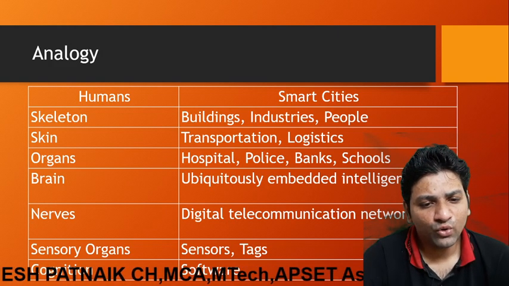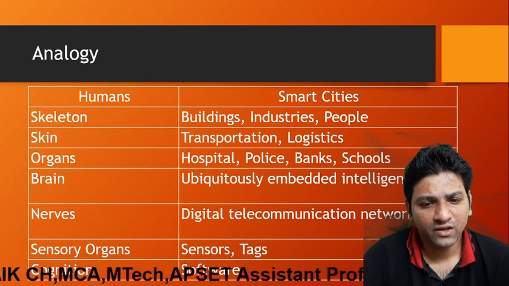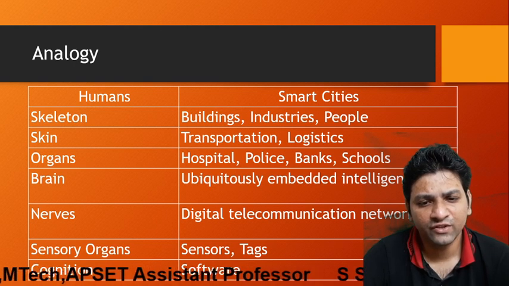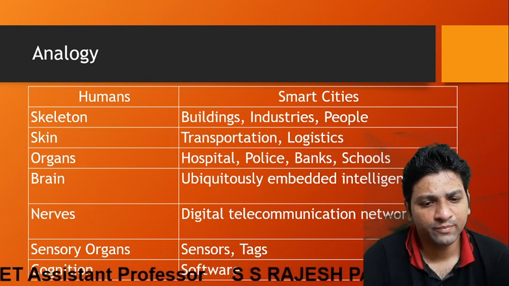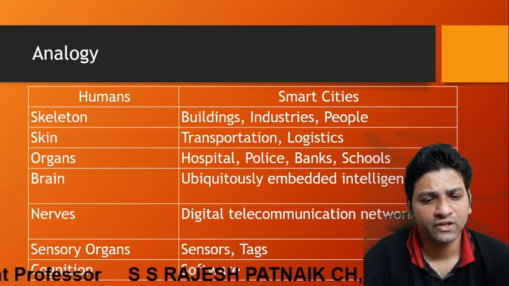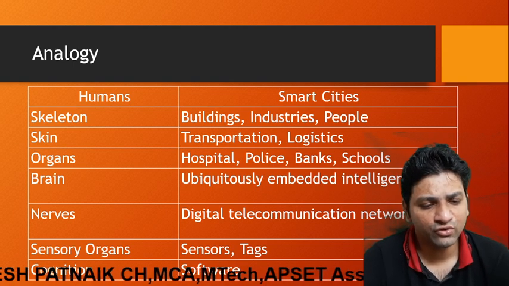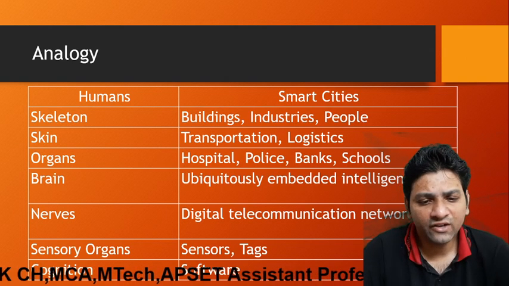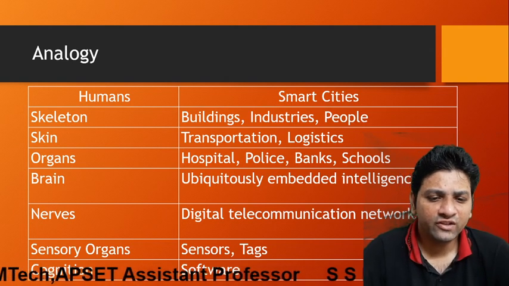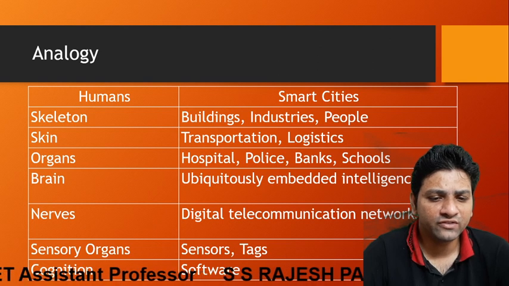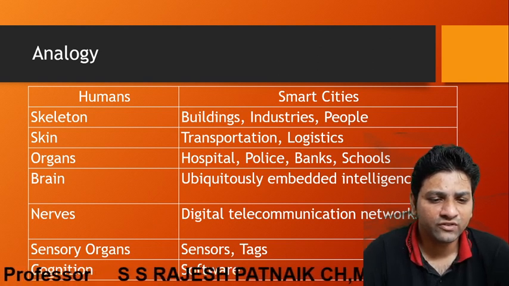So, smartphones and computers consist of the software that all the people are using, and they want to communicate using telecommunication. Similarly, humans have a nervous system. In smart cities, there are digital communications and digital telecommunication networks.